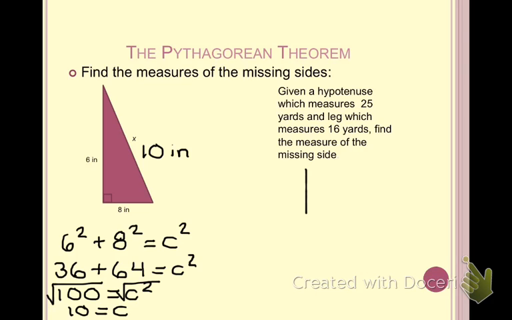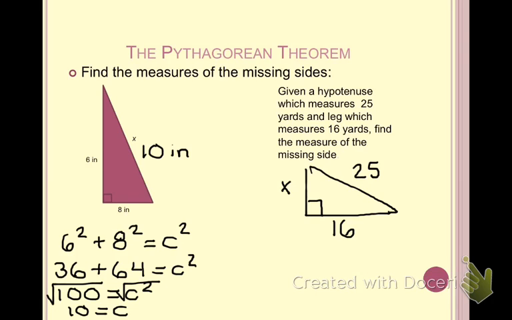So if we draw a right triangle, okay, it says the hypotenuse is 25 yards and one of the legs is 16 yards. Now, I don't know which leg it is, so I'm just going to label one of them 16, and I'm going to label the other leg x.